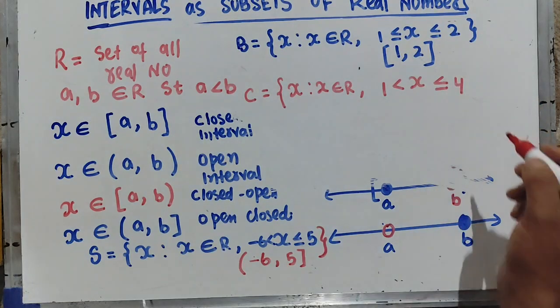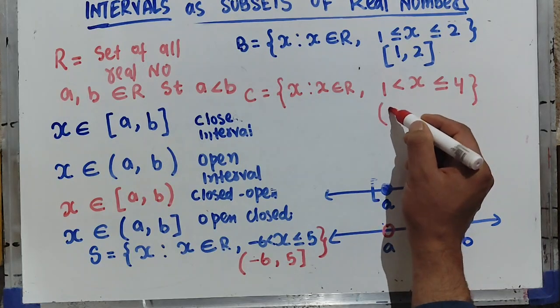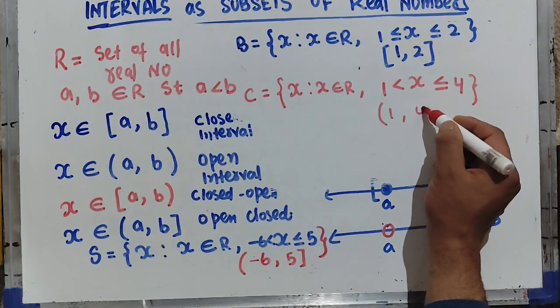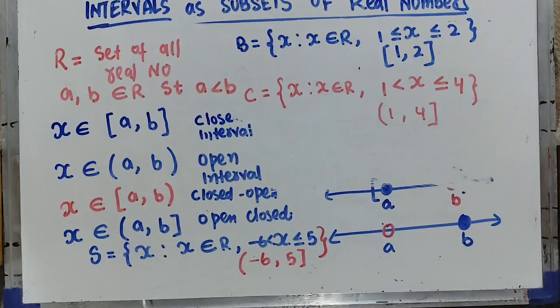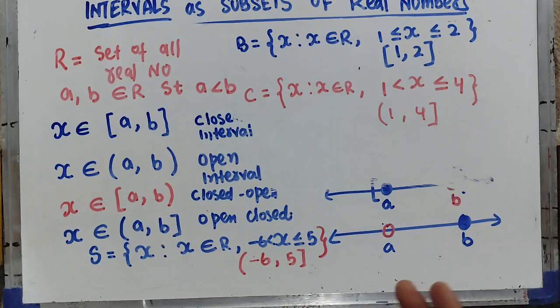So in the interval notation we can show it like this. It is open from the left and closed from the right. That is shown by this sign. Likewise we can form different intervals here.